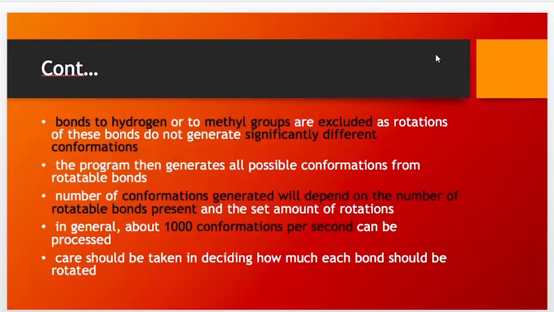So atoms bonded to hydrogen atoms, let's say carbon bonded to a hydrogen atom, that bond will not be able to rotate.